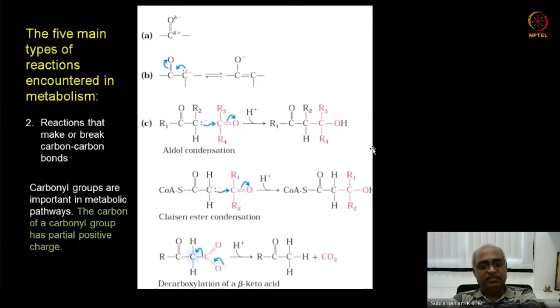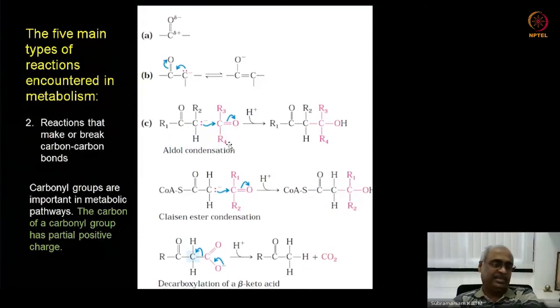That pathway is the biochemical example for this variety, aldol condensation. In a proper chemistry sense, this usually results in loss of water, and that is what they call aldol condensation. The addition itself, the carbon-carbon bond formation itself, they call aldol reaction. But in biochemistry, we call this itself aldol condensation.